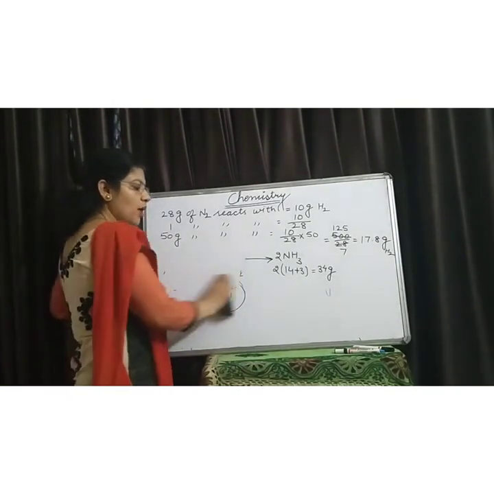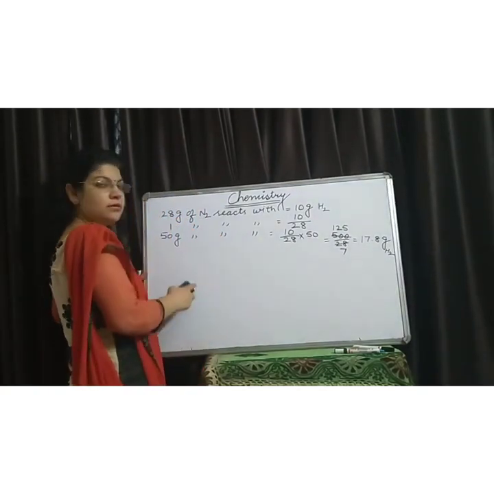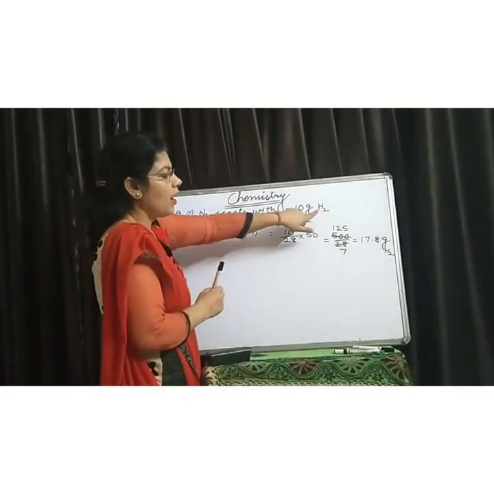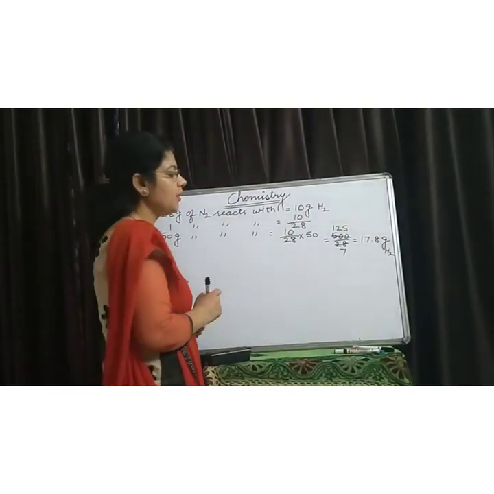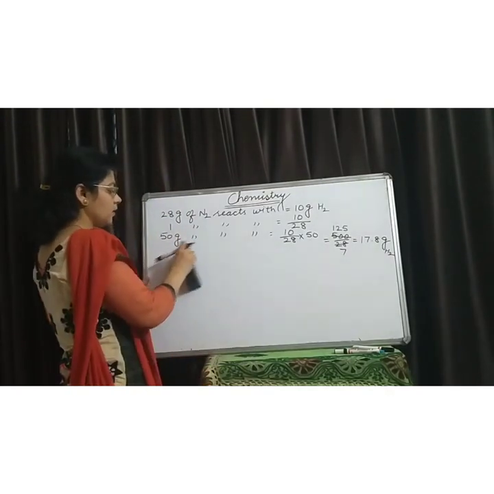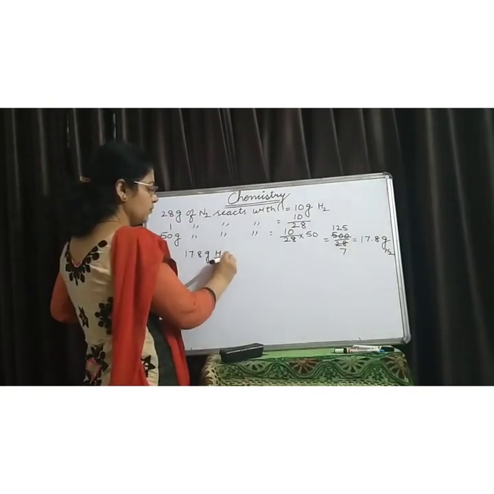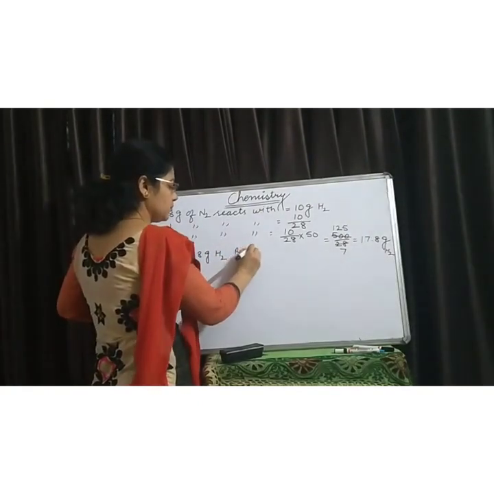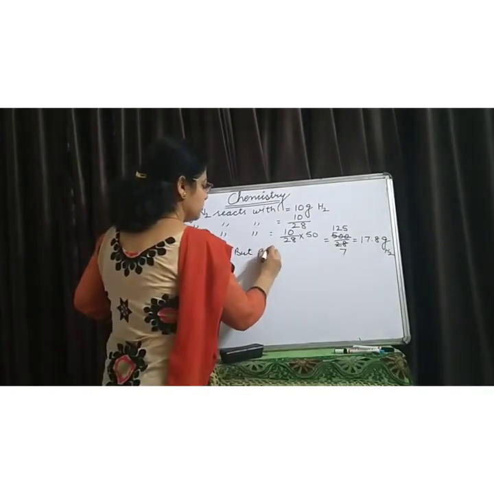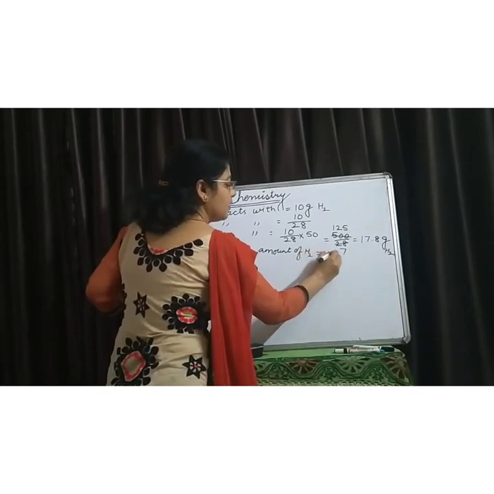As the amount of hydrogen is less than what we need, hydrogen is the limiting reagent, as we need 17.8 grams of hydrogen, but the amount of hydrogen is 10 grams.